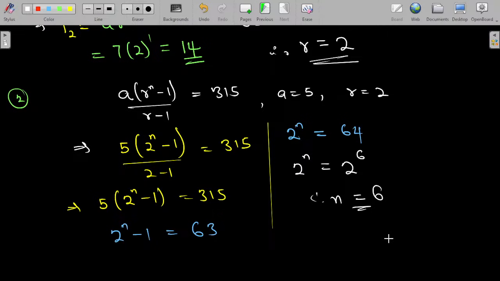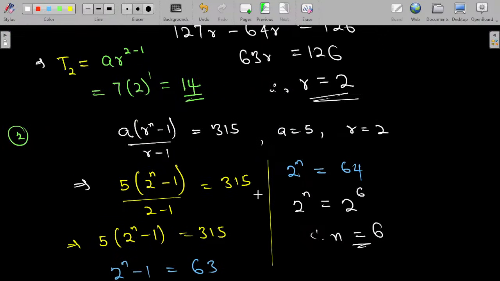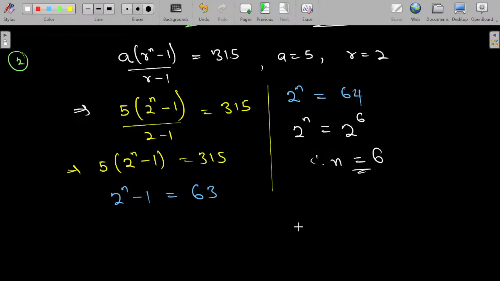Then they now said we should find the last term. So that means that the total number of terms summed was actually 6, and so the last term is going to be T6, and so you are going to have your T6 as A R raised to power 6 minus 1, which is 5.